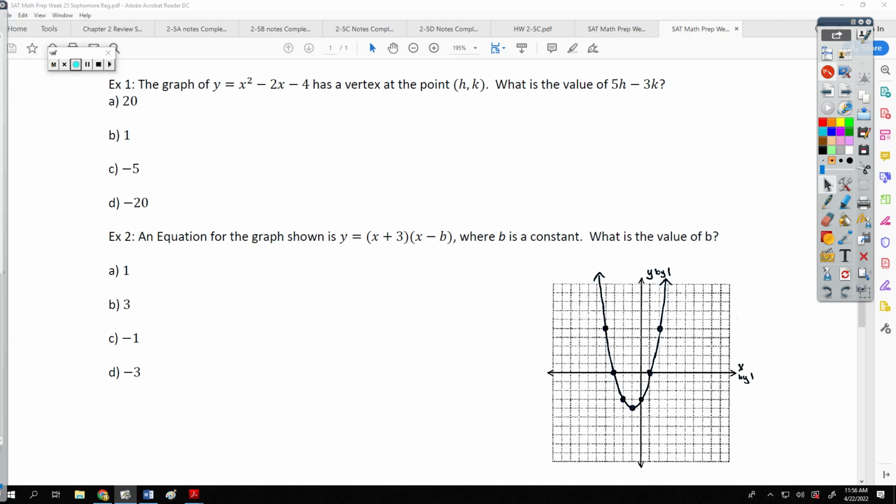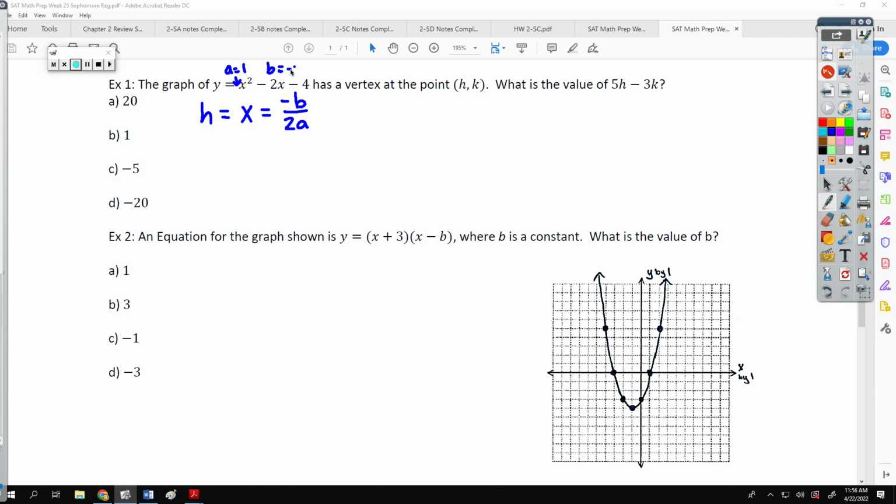So, example 1 says the graph of y equals x squared minus 2x minus 4 has a vertex at the point (h, k). And then it says, what is the value of 5h minus 3k? So we will need to find the vertex. Remember that the x coordinate of the vertex, which would be the h value, is the axis of symmetry, negative b over 2 times a, where a is the number in front of the x squared, which is 1.